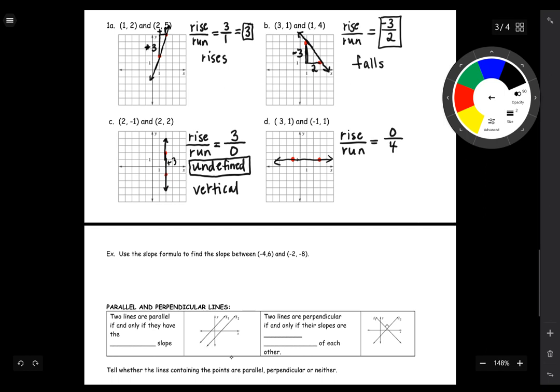Count 1, 2, 3, 4, but count the last dot. So 0 divided by 4 is okay. So 0 divided by 4 is just 0. That is a slope. 0 slope does exist, and this would be a horizontal line. How would I know that's horizontal? Well, look at the number 0 and look at the letter Z. So there we go.